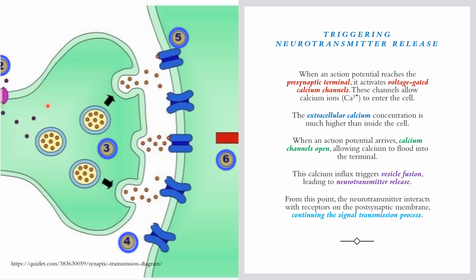The calcium influx will trigger the vesicle fusion, and it will lead eventually to the neurotransmitter release. From this point, the neurotransmitter will interact with the receptor on the postsynaptic membrane, and the process of transmitting the information will continue.